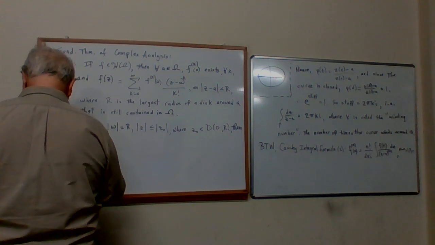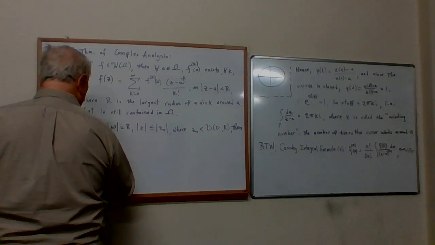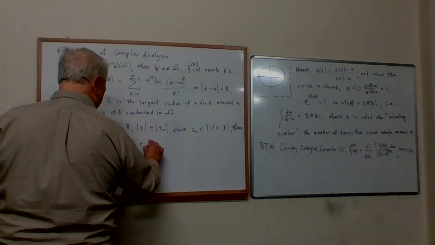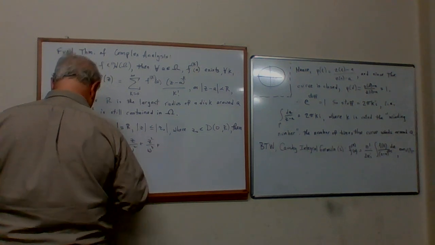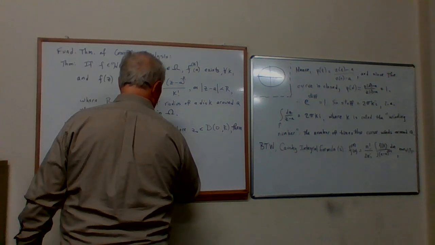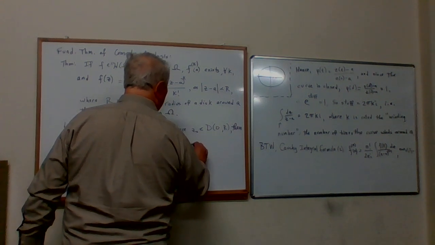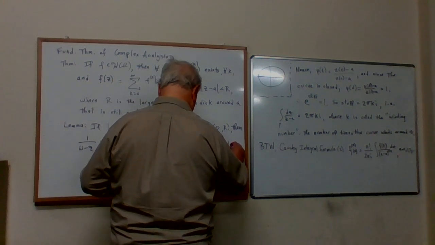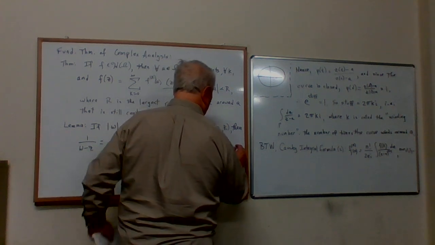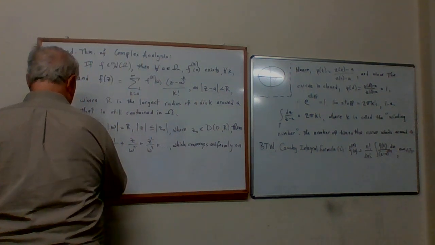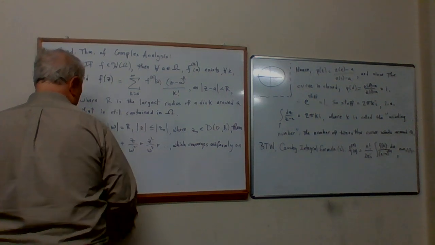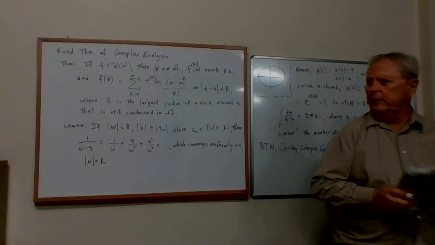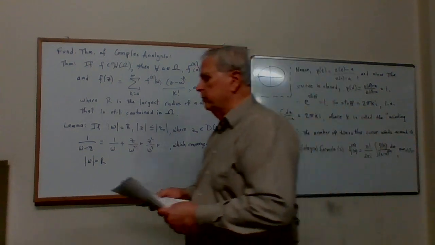And it turns out to be the following series. 1 over w plus z over w squared plus z squared over w cubed plus blah, blah, blah, which converges uniformly on that boundary. Okay. And let's prove that.